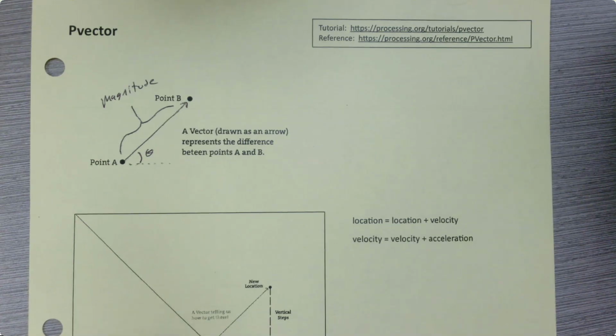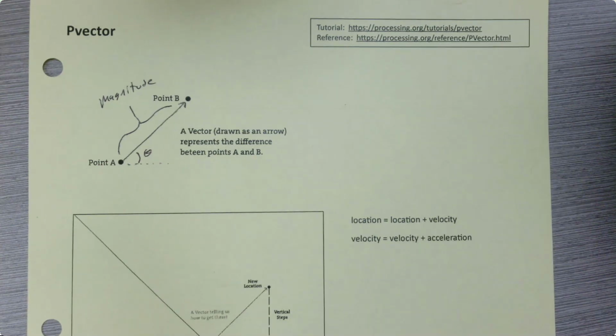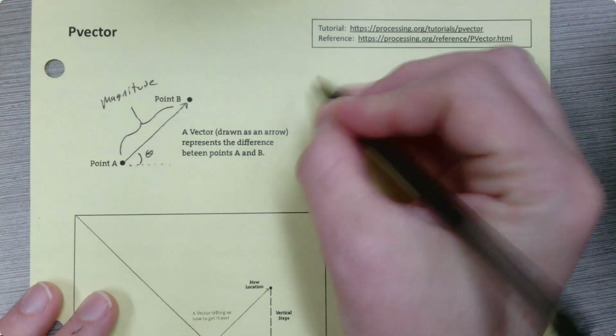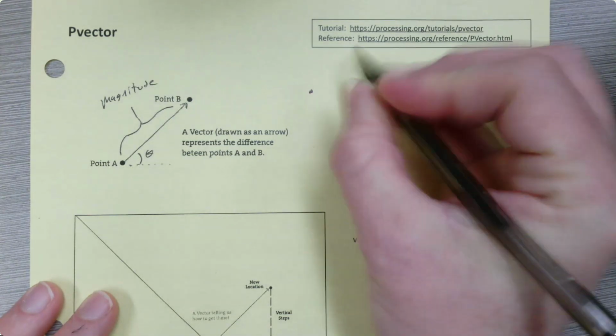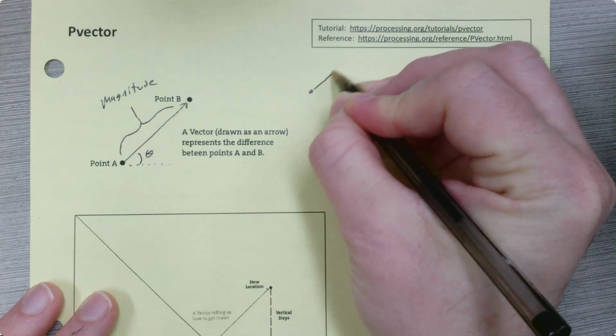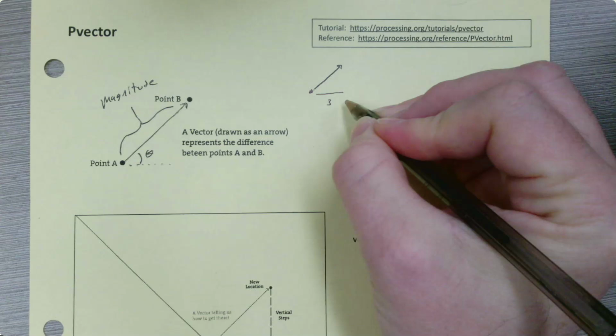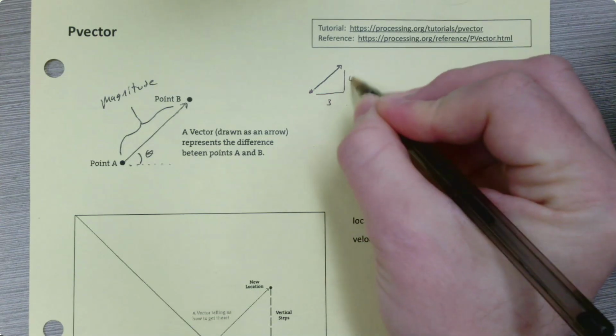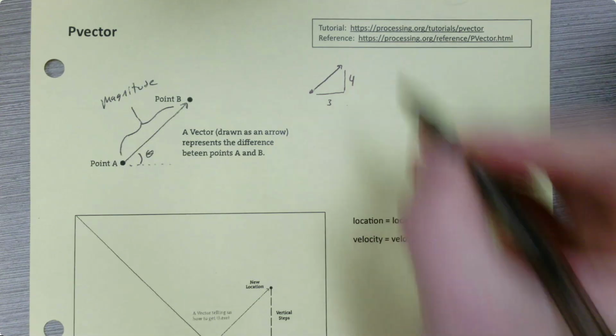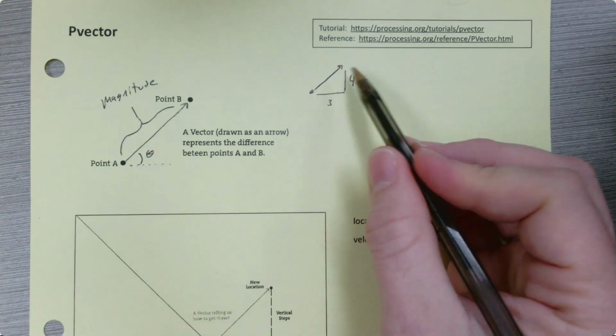Processing has a built-in vector class called PVector. Let's do a simple example. Let's say that we want to make a PVector that represents moving over 3 and up 4. You're not actually going to move over 3 and up 4.